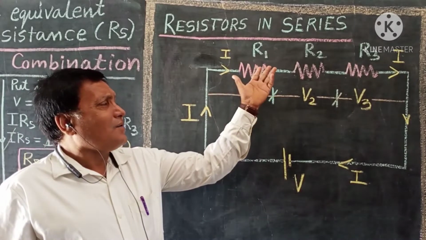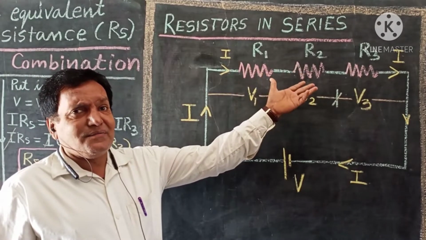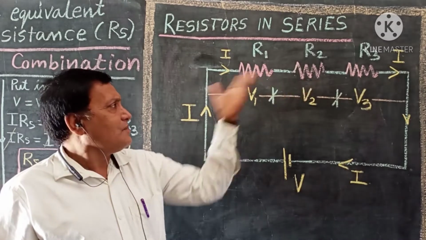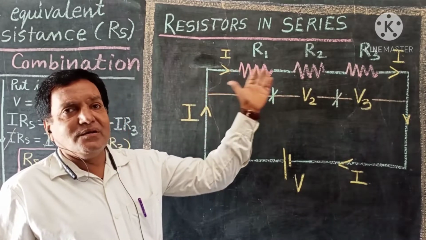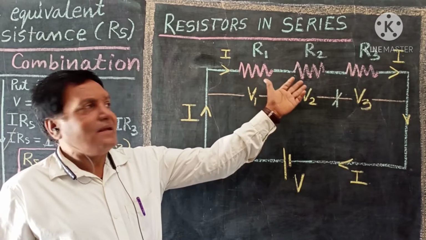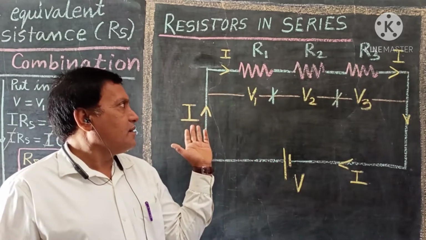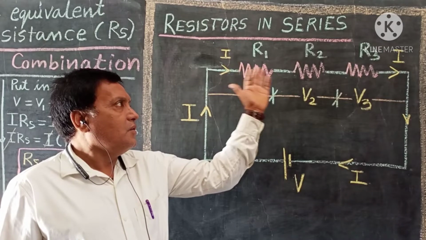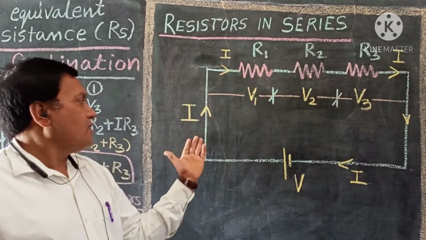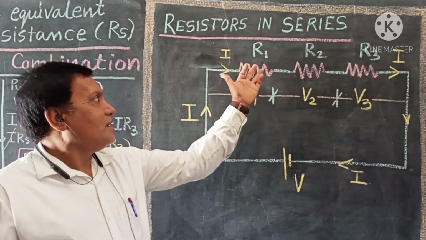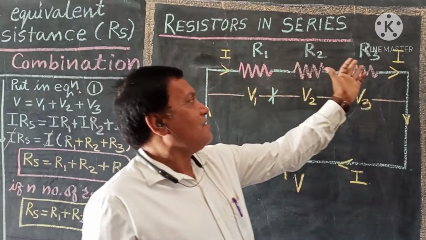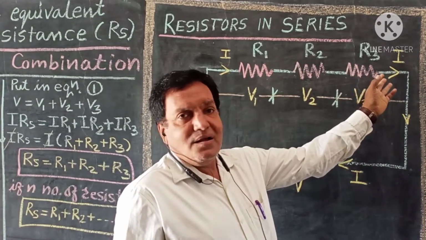Let R1, R2 and R3 be the three resistors connected in series. Let I be the current flowing through the three resistors R1, R2 and R3. Here the current flowing through every resistor is the same. Current I is flowing through R1, I through R2 and I through R3.